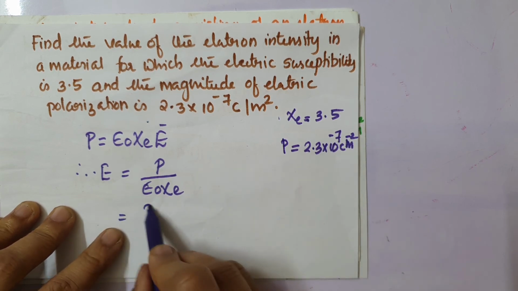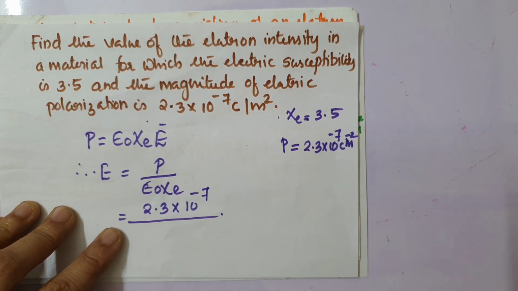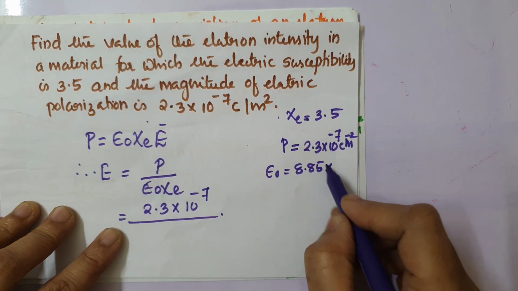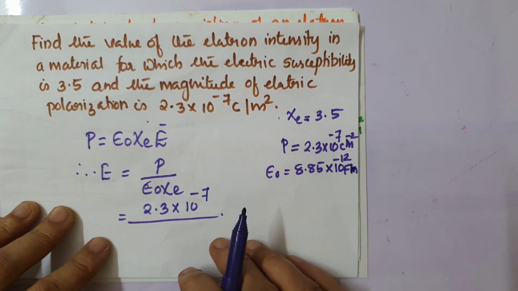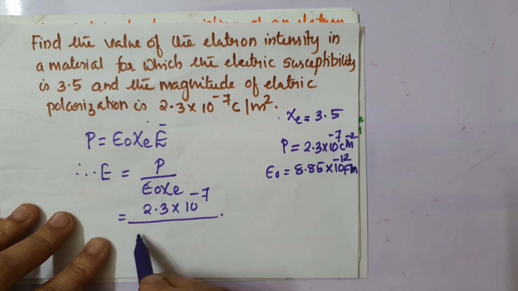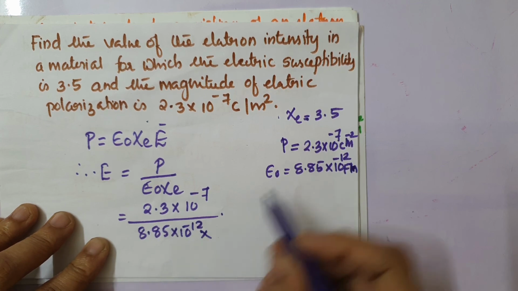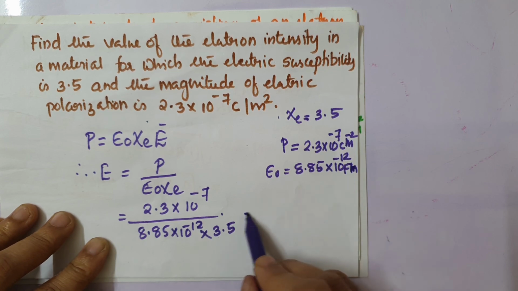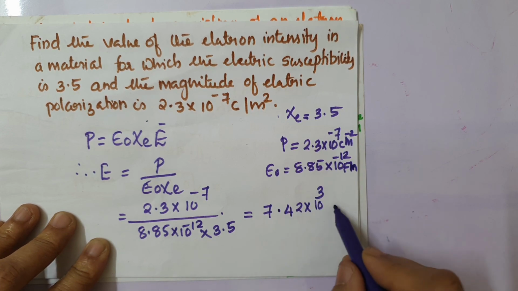That is P is 2.3 into 10 raised to minus 7 divided by epsilon 0, which is a constant, 8.85 into 10 raised to minus 12 farad per meter, and chi is given as 3.5. And this will give the value of the electric field as 7.42 into 10 raised to 3 volt per meter.